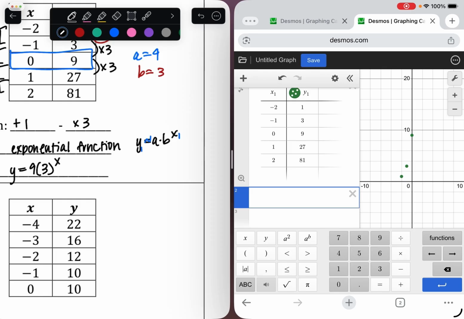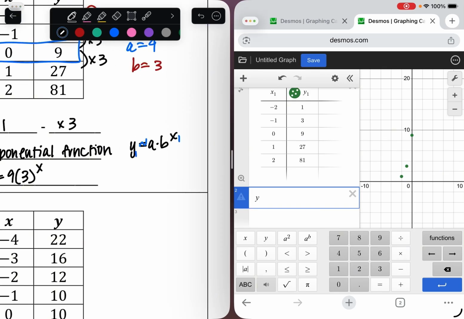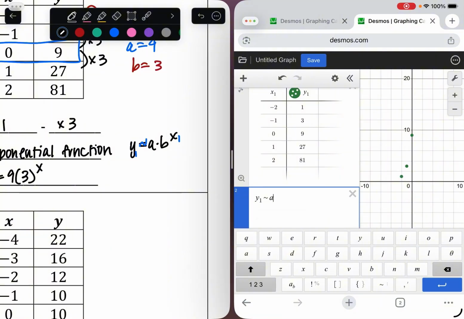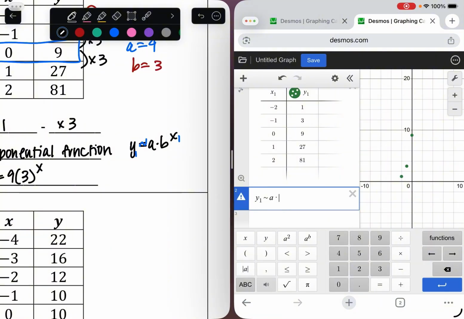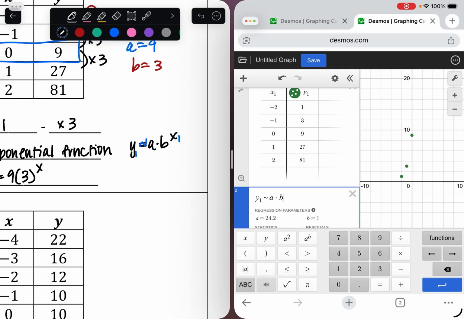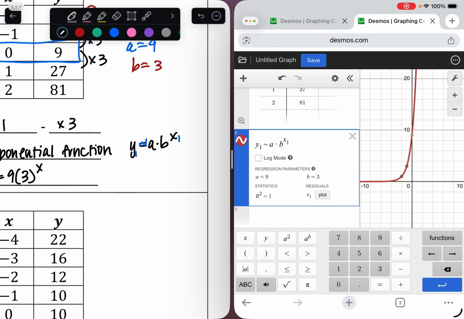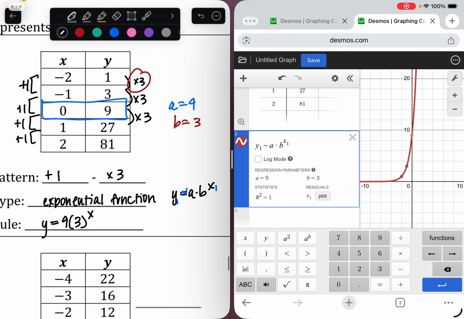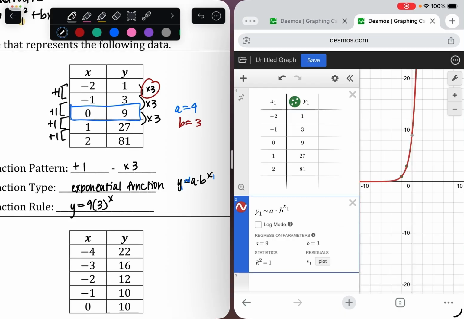So now I'm typing the tilde equation. It's exponential, so y1 tilde a, and then I like to just do the times sign. You could do parentheses if you wanted to, times b raised to the x1. Okay, and so here they tell me a is 9, b is 3, which we were able to gather before we even typed it in.